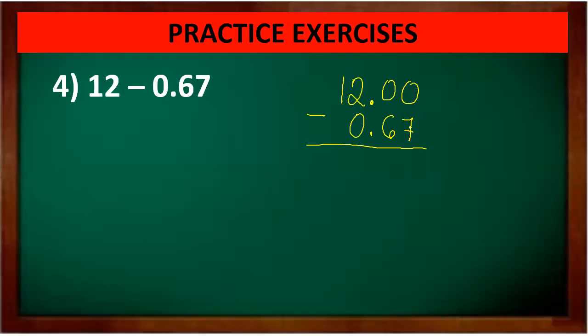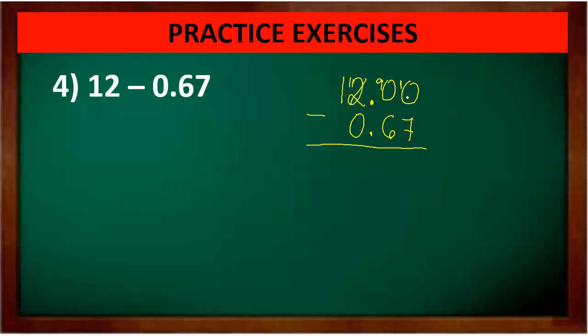So, 0 minus 7 cannot be. So, we have to borrow. Since the second digit is also 0, we have to borrow din dito kay 2. So, 2 becomes 1 because we borrowed dito. So, instead ito magiging 10, ang mangyayari sa kanya magiging 9 lang siya because we will be borrowing also dito 1.